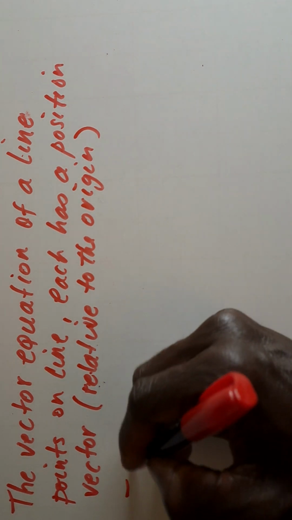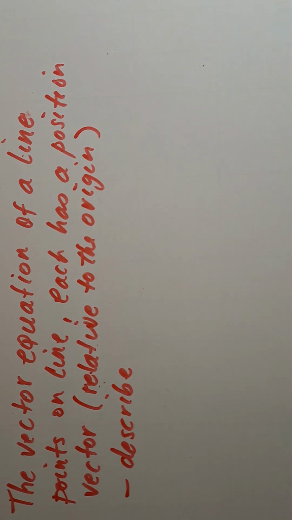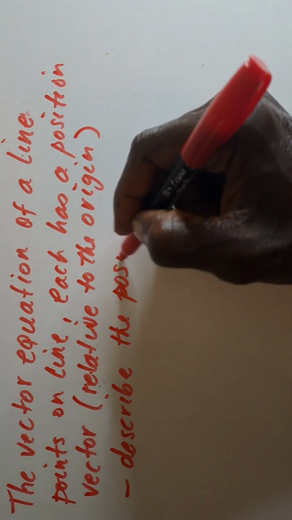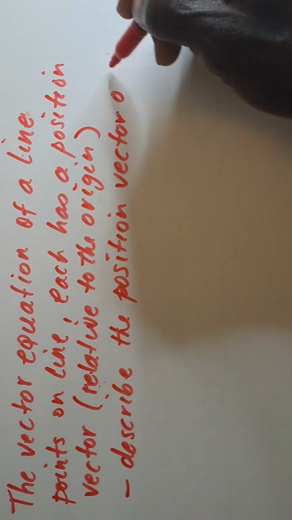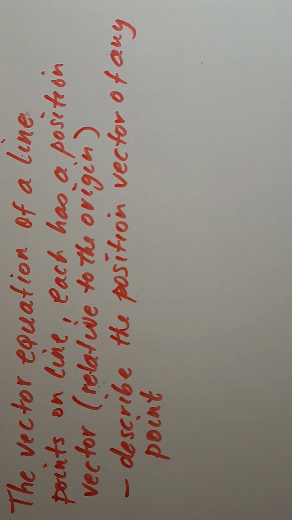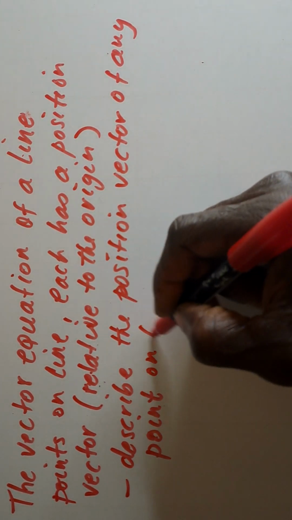We need to describe the position vector of any point on the line. So this is what we need to be able to achieve at the end of this video, to be able to describe the position vector. And remember, the position vector is relative to the origin of any point on the line.